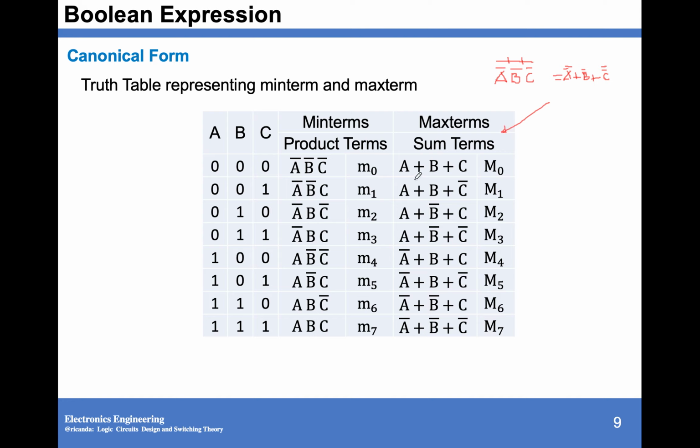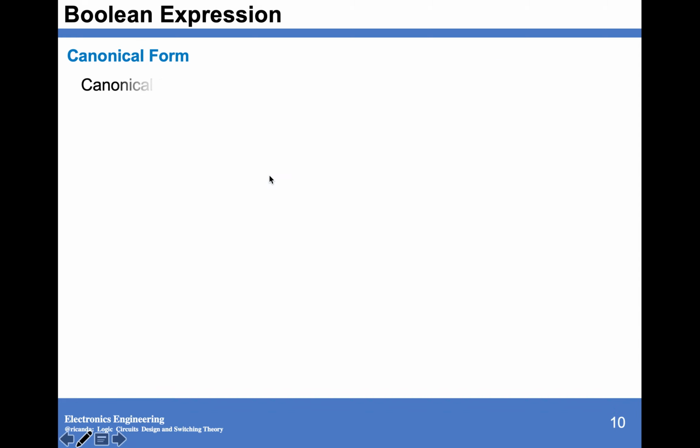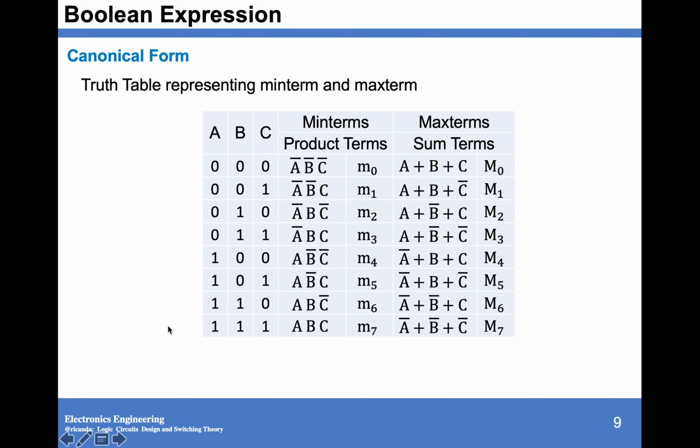So in max term, the true value of your variable represents a 0. A complemented value of your max term represents a 1. So remember, this is a positive value or no bar in your variable, but it represents 0, 0, 0 in your input. So next, if we have to get all the min terms, remember we have these min terms.